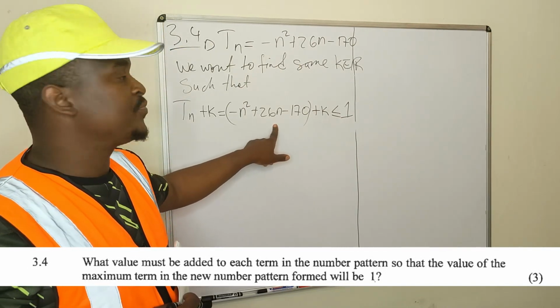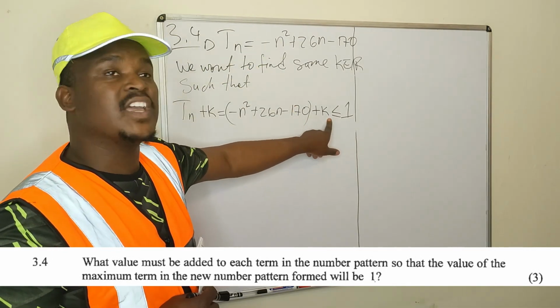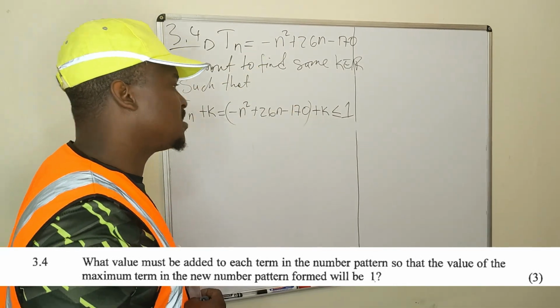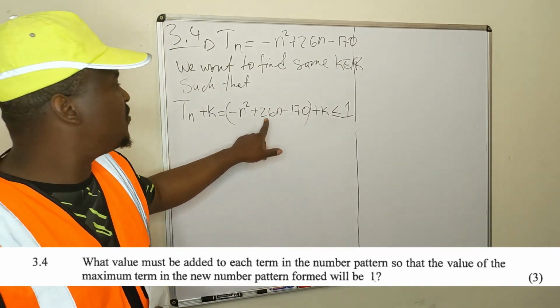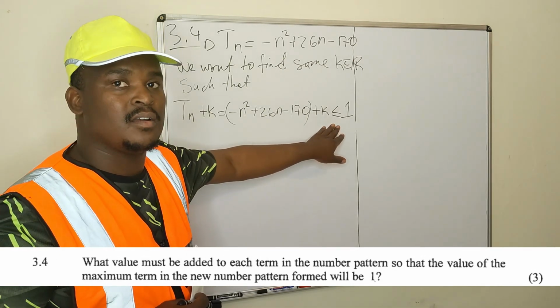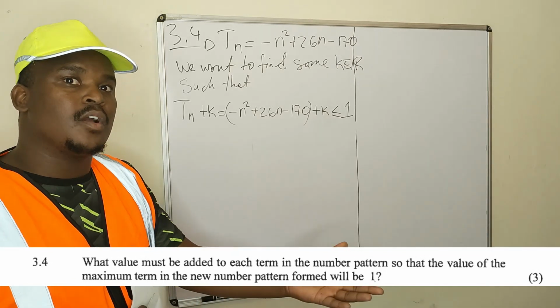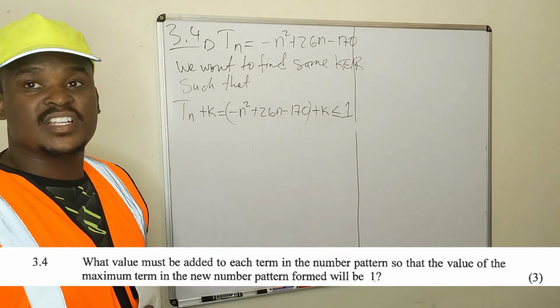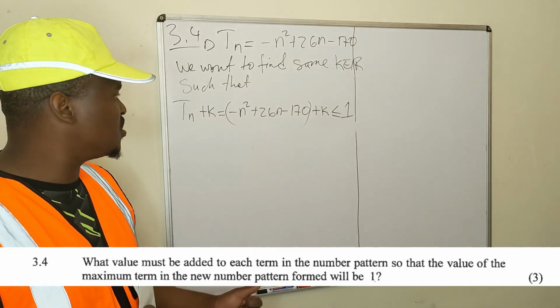So the maximum of this pattern is what will guide us in finding that value of k, so that k satisfies all the values of the pattern. Because if the maximum value of this pattern satisfies this condition here, then by default all our pattern will be compliant to the condition that we want.